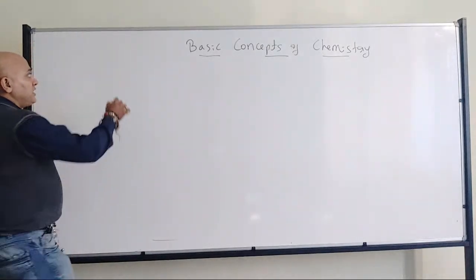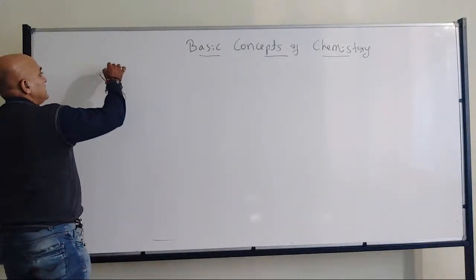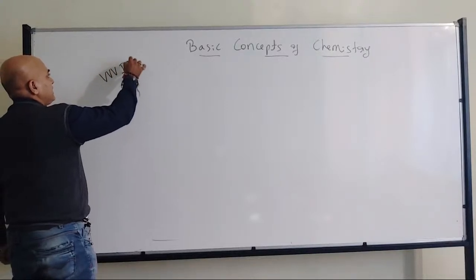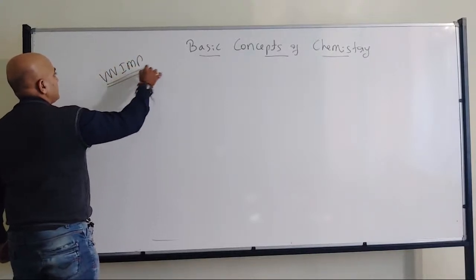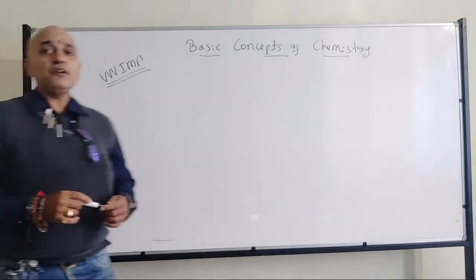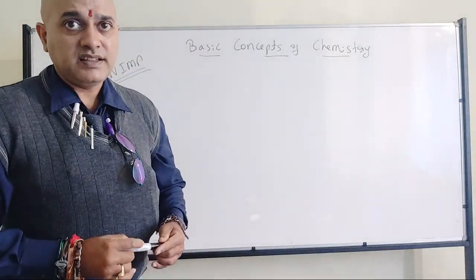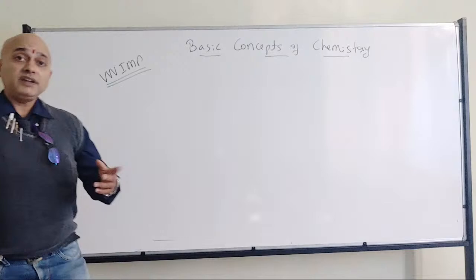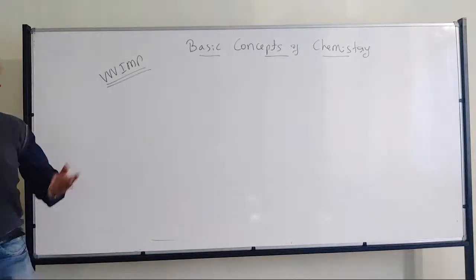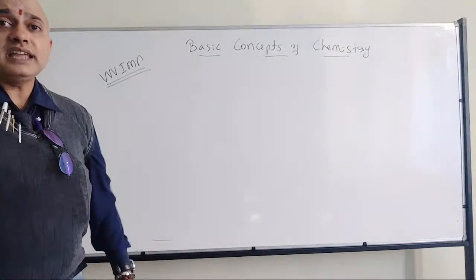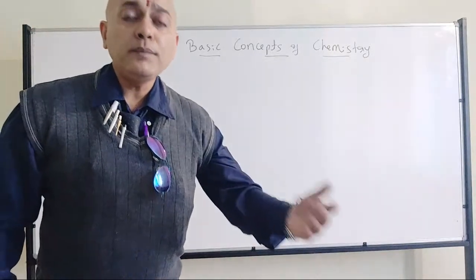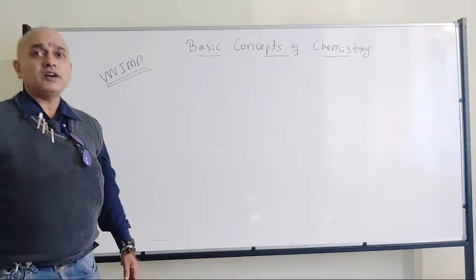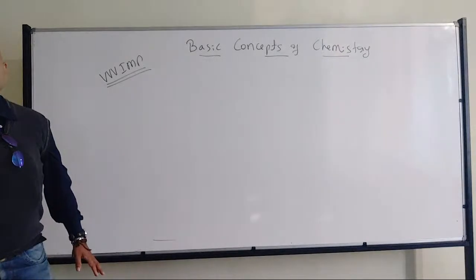Whatever I will be telling next is very, very, very important. Okay, I have used very three times. So very, very important, very, very, very important, then only important. Based on that you can see how many times questions on this concept have been asked.